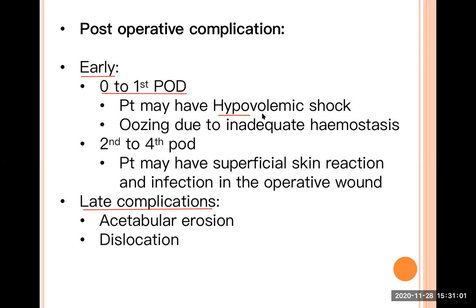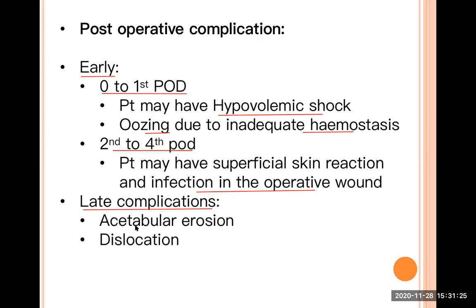Patient may have hypovolemic shock, and that is because of oozing due to inadequate hemostasis, oozing due to inadequate control of the bleeding. From the second to fourth post-operative day, the patient may have skin reaction and infection in the operative wound. These do not occur in all patients, but they can happen.